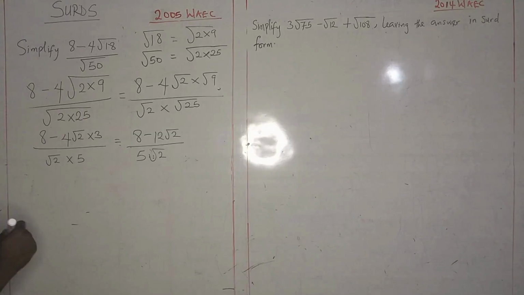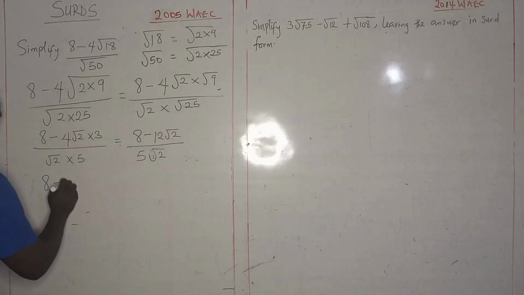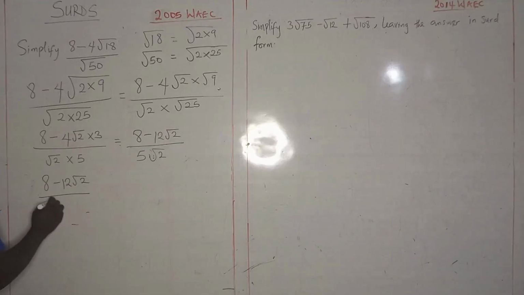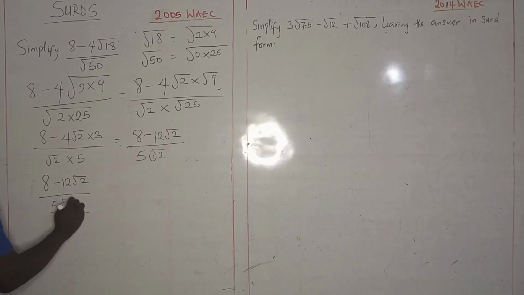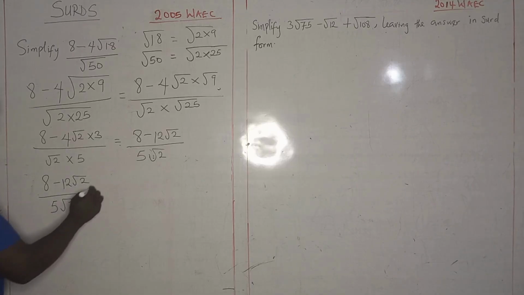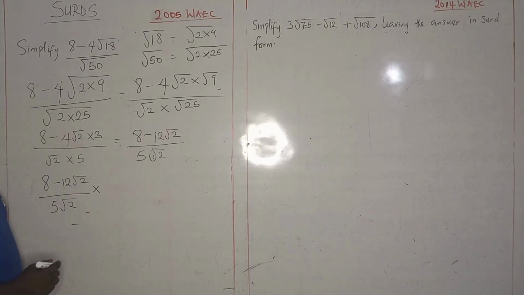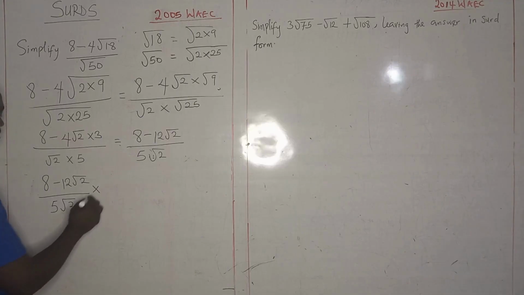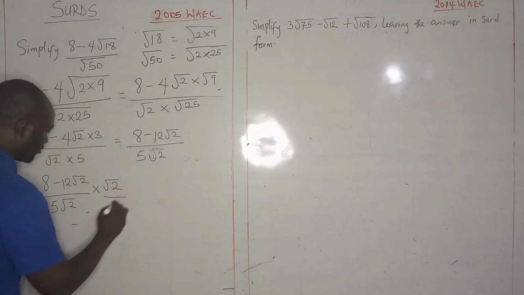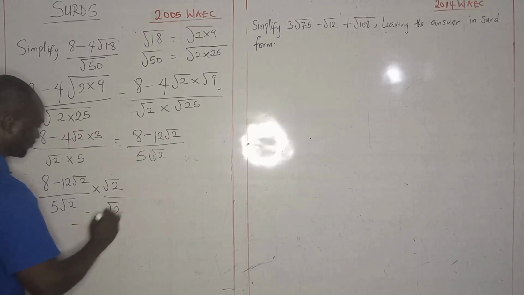So, what does that mean? It means 8 minus 12 root 2 over 5 root 2. Now we take the number with the root under, we use it to multiply both the numerator and the denominator. That means root 2 over root 2.